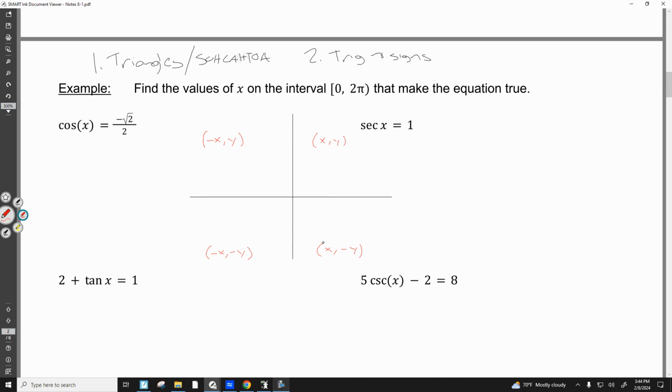Tell me, which trig function is positive in the second quadrant? Tell your neighbors, which trig function is positive in the second quadrant? Are there any others besides the second quadrant? Are there two that are positive?